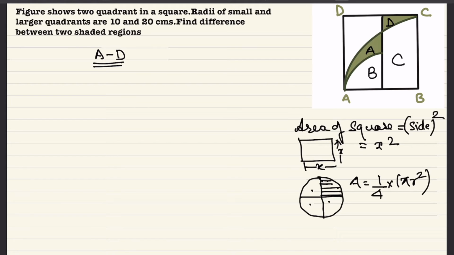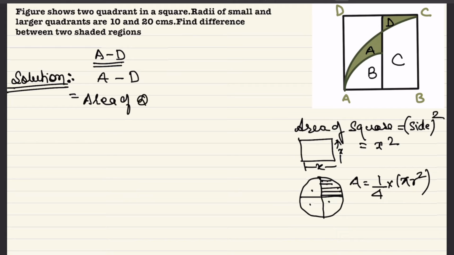Now solve this question. If you look at the question, in order to find A minus D, I can write the area of the bigger quadrant as A plus B plus C. This is A, B, C. This is one of the quadrants, and the radius of the big quadrant is given to be 20 centimeter.